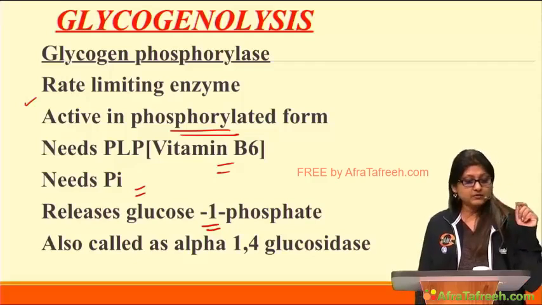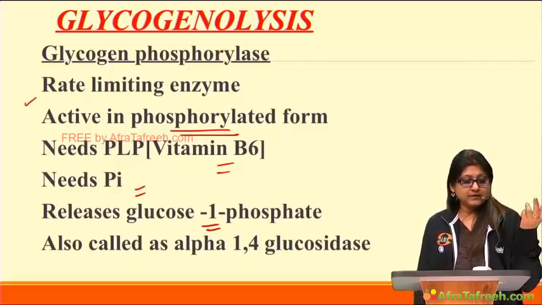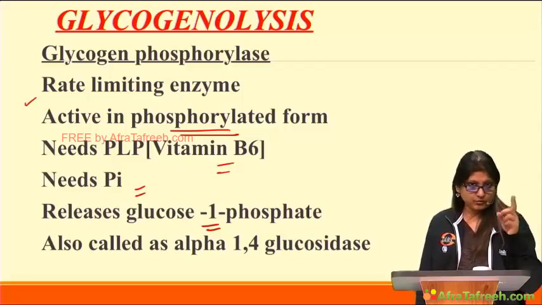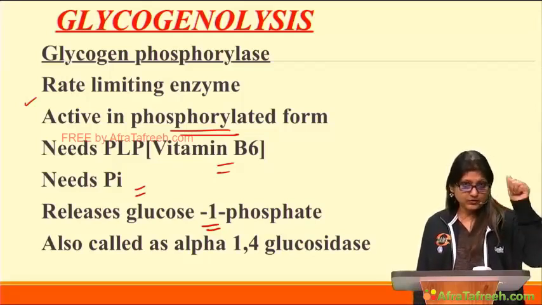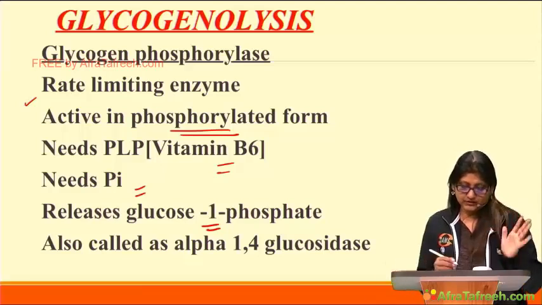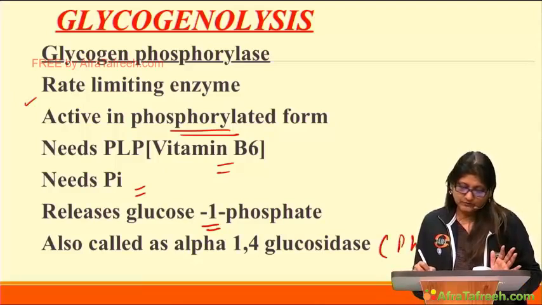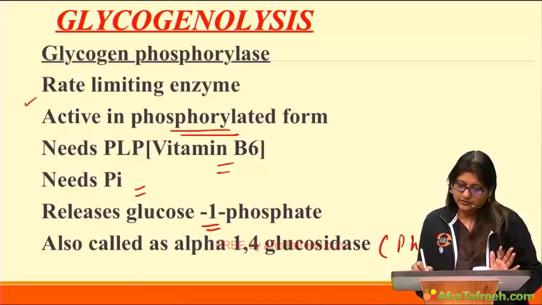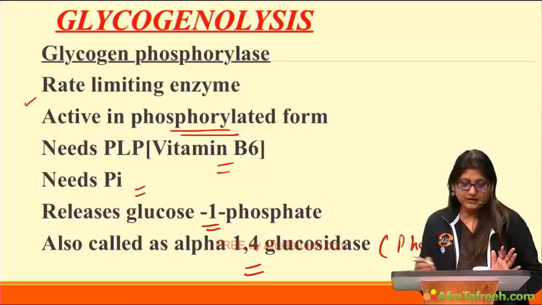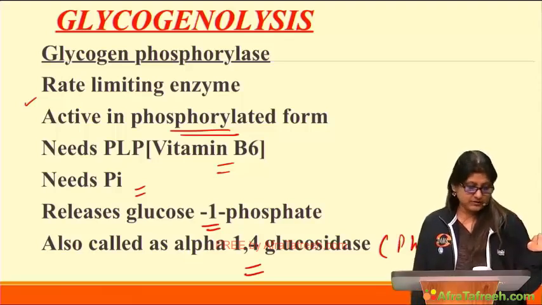Many times the examiner thinks that you'll get confused and you'll say it is glucose 6-phosphate which is coming from glycogen. No, the phosphorylase action is going to release only glucose 1-phosphate. And glycogen phosphorylase is also known as a glycosidase because it is cutting the 1,4 glycosidic bond. It is called a 1,4 glycosidase enzyme.